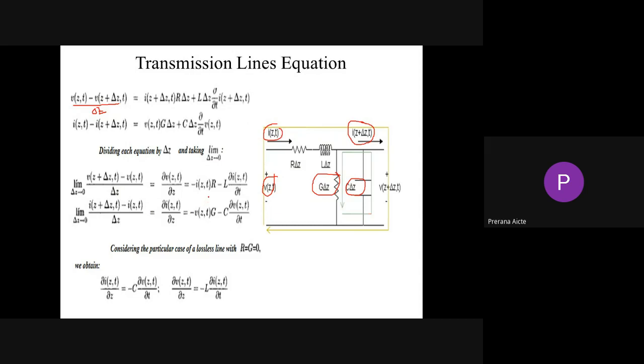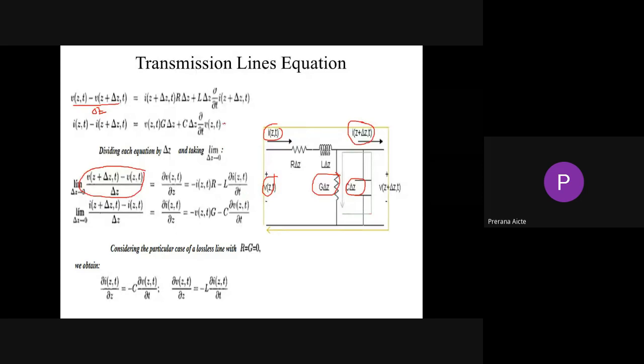So what will happen? What is this expression? This is the general definition of differentiation: the limit as del of Z tends to 0 of V of Z plus del of Z, t minus V of Z, t, divided by del of Z. Therefore, dou V of Z of t divided by dou Z is equal to I of t into R minus L into dou by dou t.